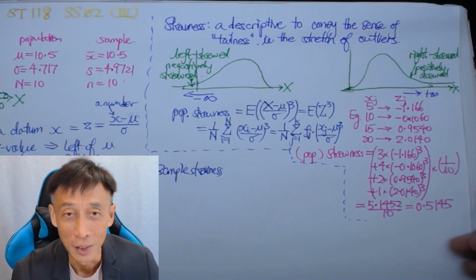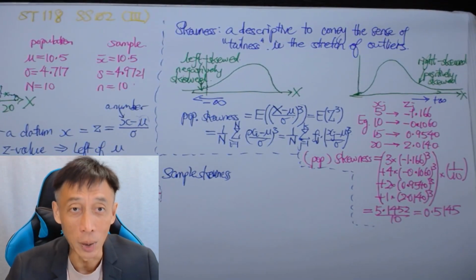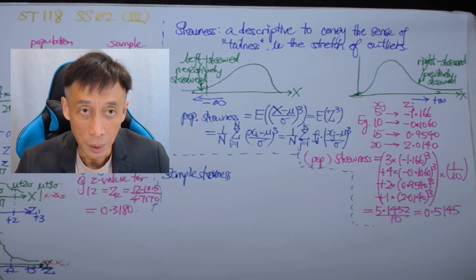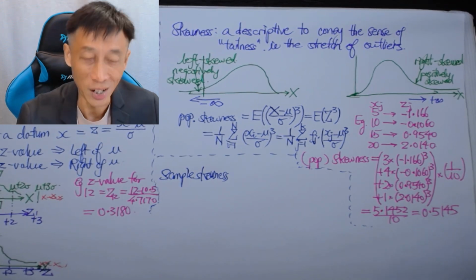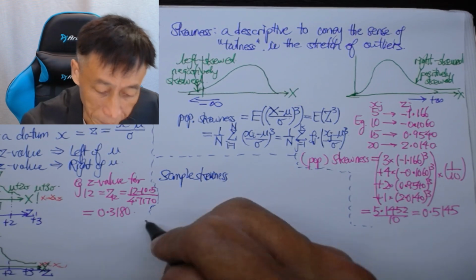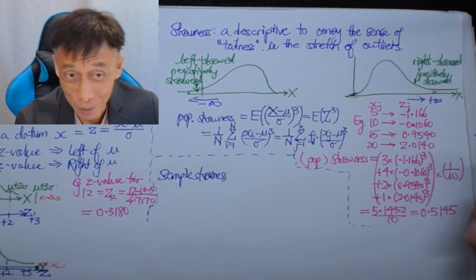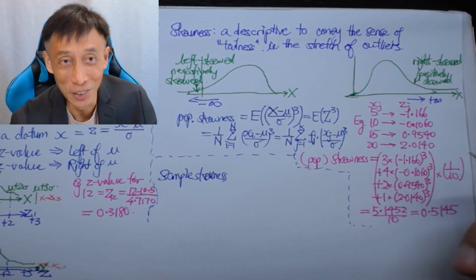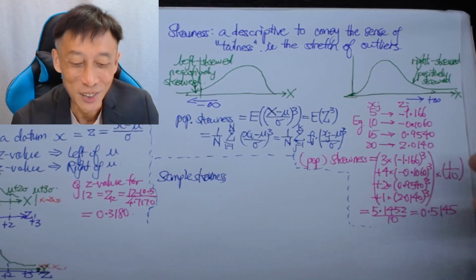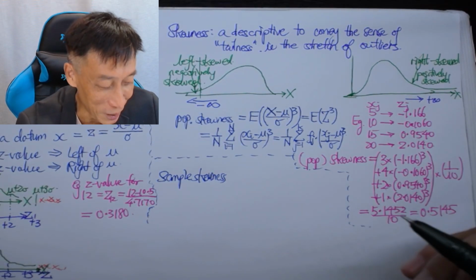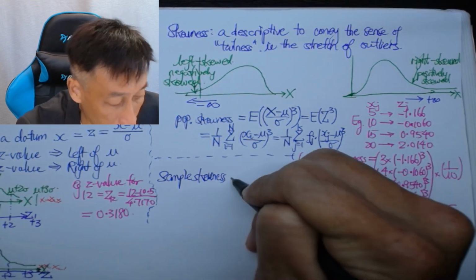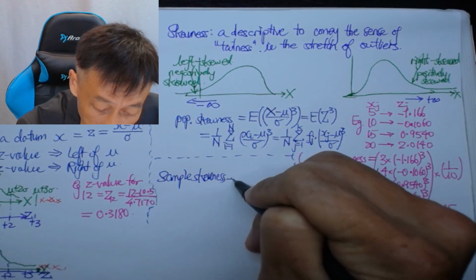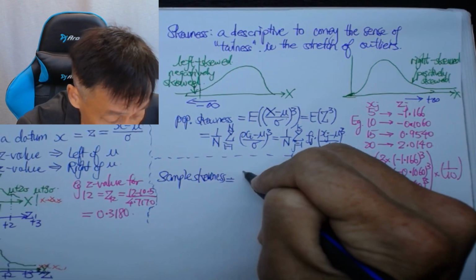Because of the n and n minus 1 adjustments. We want it to be an unbiased estimator, so we adjust the n to become n minus 1. Adjust because, again, we've tuned the formula a little bit just to make sure it fits our purpose, right? Okay, so I'm just going to give it to you, and it is like this.